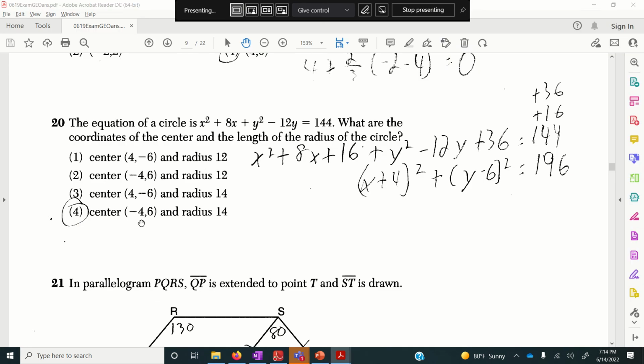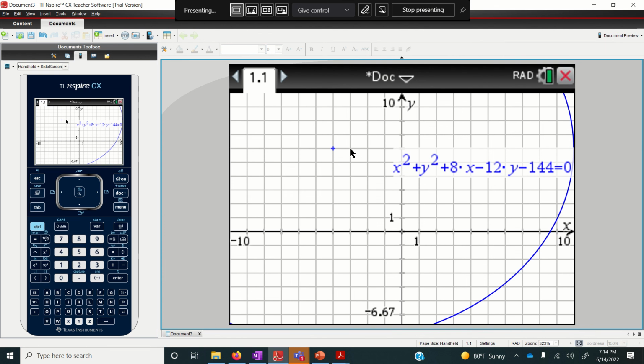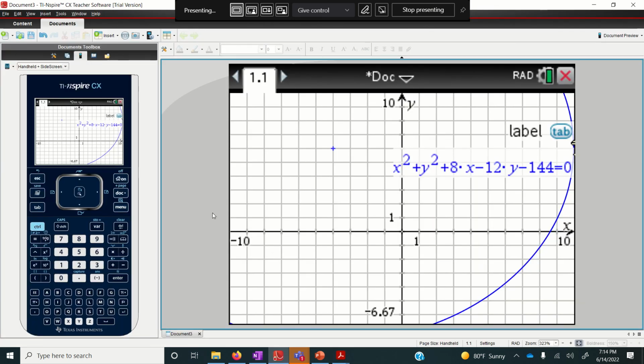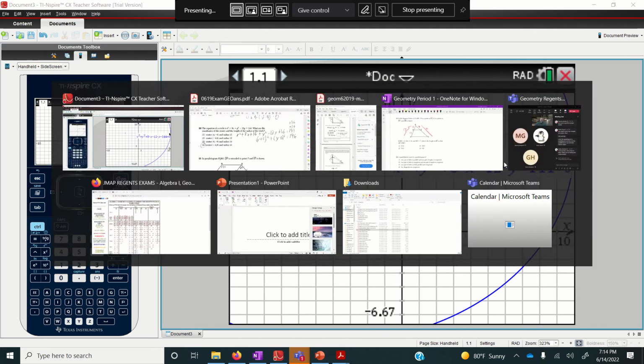And then we can count the radius. That's over 4, and then it's going over 11. So that should be the correct radius, or 3 and 11. So that's 14.